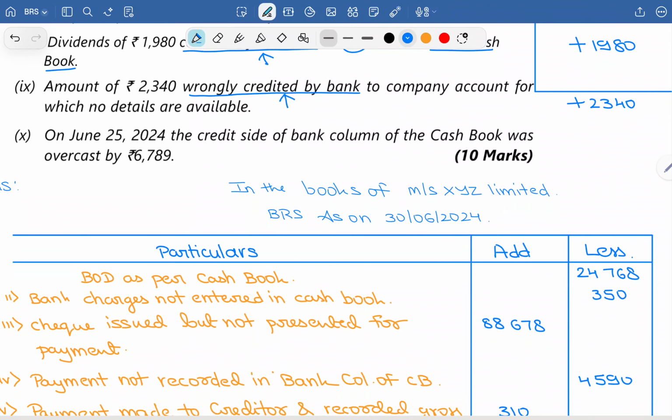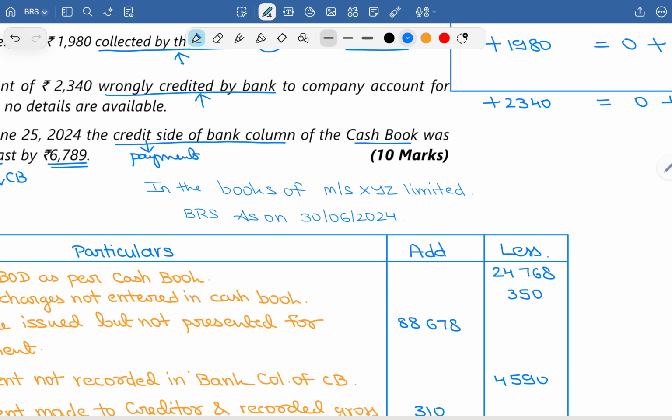Next one, last adjustment. On June 25, 2024, the credit side of the bank column of the cash book was overcast. Credit side means payment side. That means we are showing more payment, so my balance as per cash book will decrease by rupees 6789.